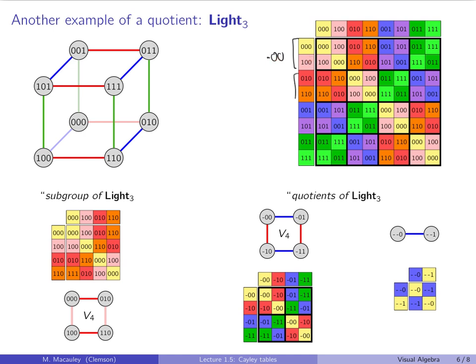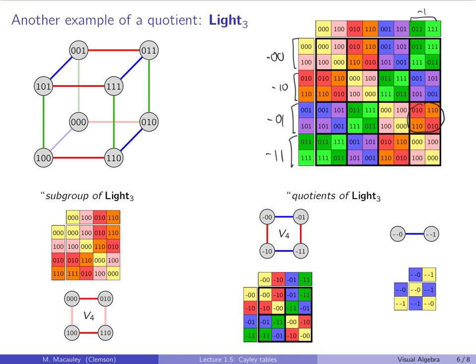These are the 2 that start with anything and end with 1, 0. These start with anything and end with 0, 1, and these start with anything and end in 1, 1. Then this Cayley table, which has the structure of V4, consists of these elements. So if I take anything that ends in 0, 1 and add it to anything that ends in 1, 1, then I certainly get anything that ends in 1, 0.